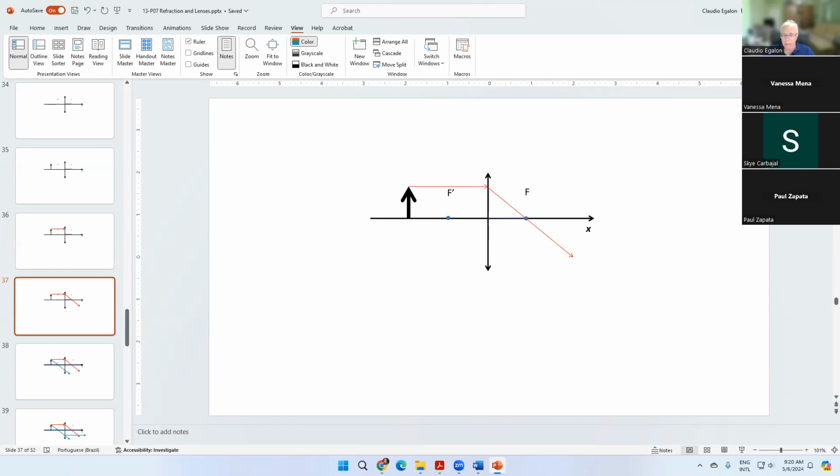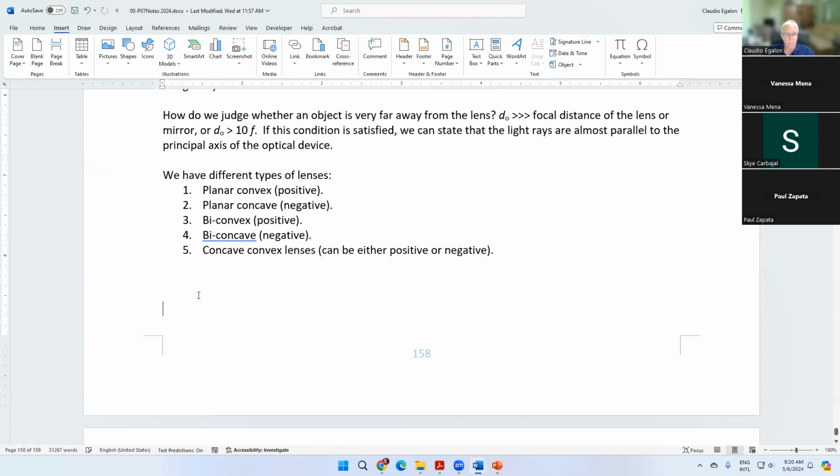Let's do that. Behavior of light rays. Even better, refraction of light rays through a lens. Okay?